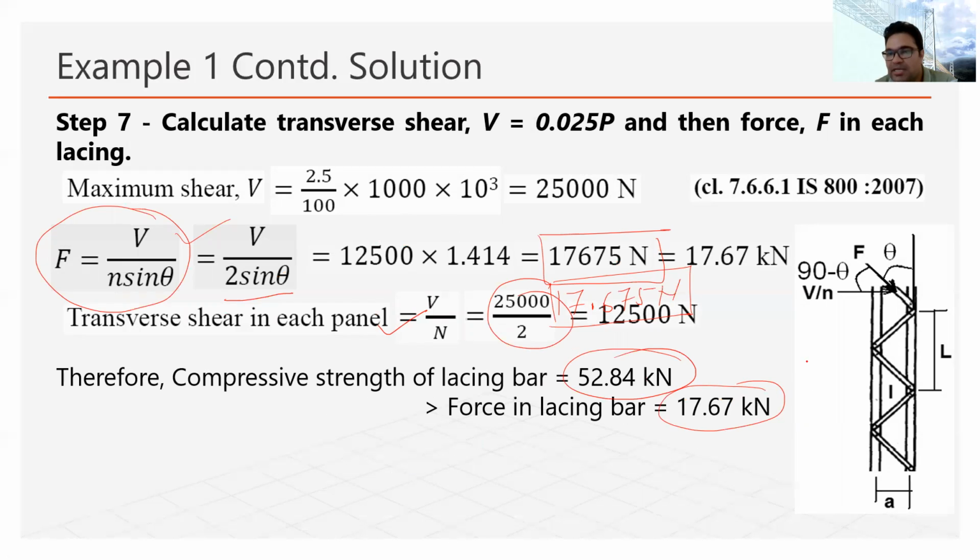The lacing bar will experience this much force, while the capacity of the lacing bar is 52.84, which we calculated in the previous step. Therefore we say that the lacing bars are okay, they are safe, they can carry the required load.